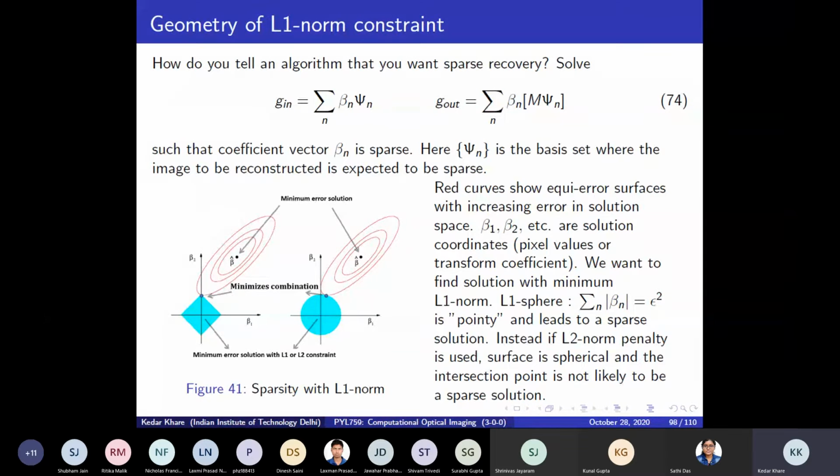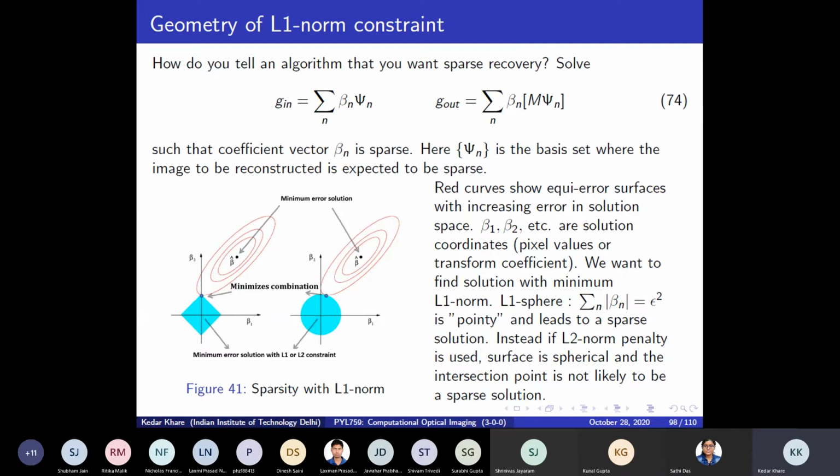But if you look at this, this L1 sphere is kind of a pointy sphere. It is pointy in nature. As a result, when a generic surface like this tries to intersect with this L1 sphere, it will most likely intersect at a vertex of such a sphere.